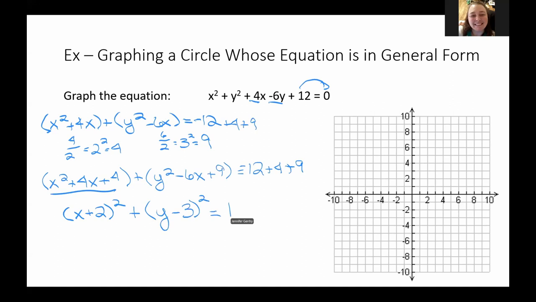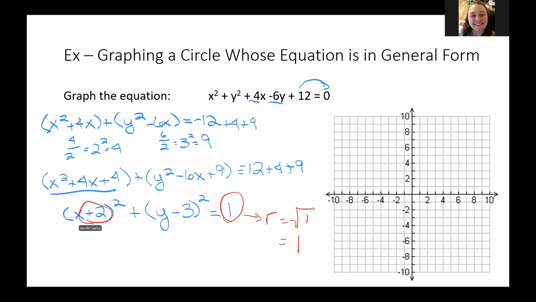That's just 1, because it's minus 12 and plus 13. So we recognize this. We know what this means. This is going to give us the center and the radius. So your radius is going to be square root of 1, or 1. So it's going to be a little bitty circle.